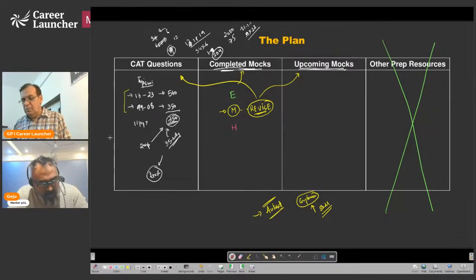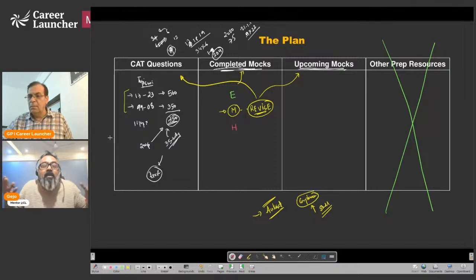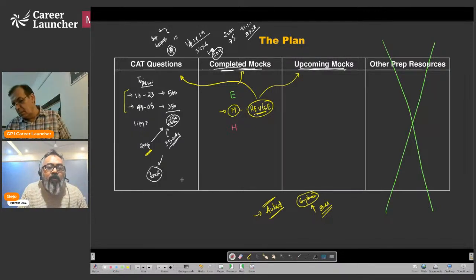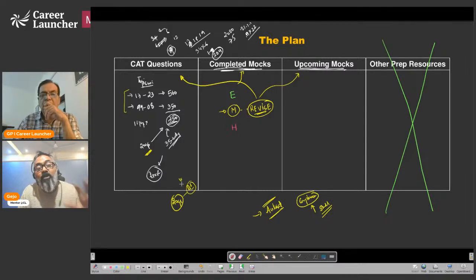So what you can do is, when you're solving a practice question of CAT in a day, you can pick about 20 questions. You can take one paper, and you can do an attempt number one. Your attempt number one is imagine how you actually want to do in the CAT.